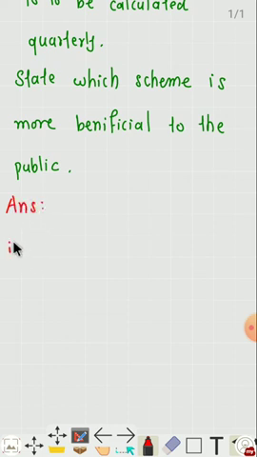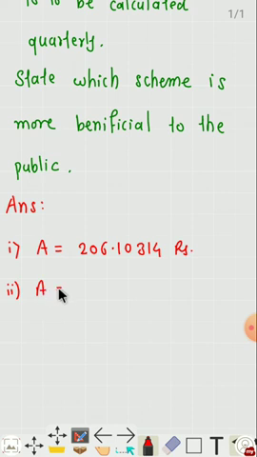In the first case, I will give the hint to you. The amount which we get is rupees 206.10314, and in the second case, the amount which we get is 180.61109 rupees.